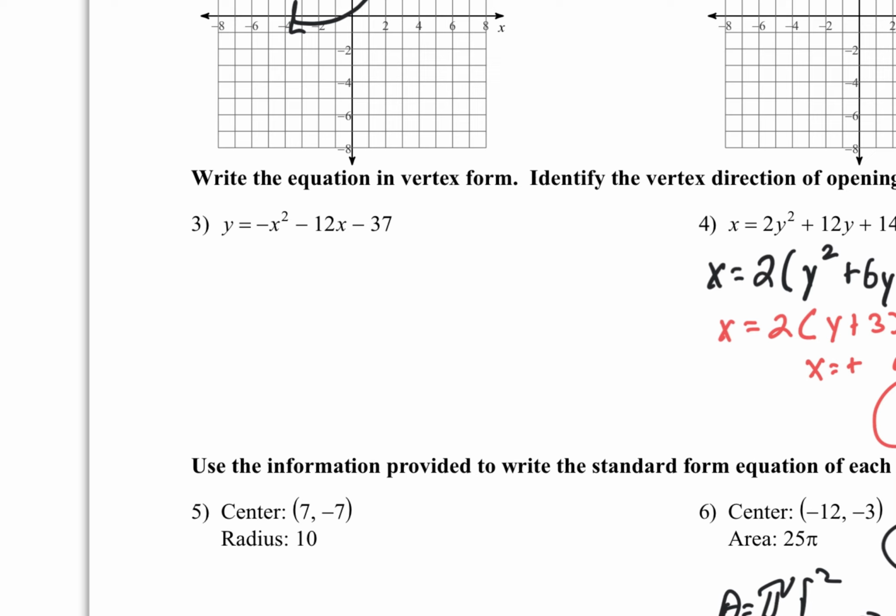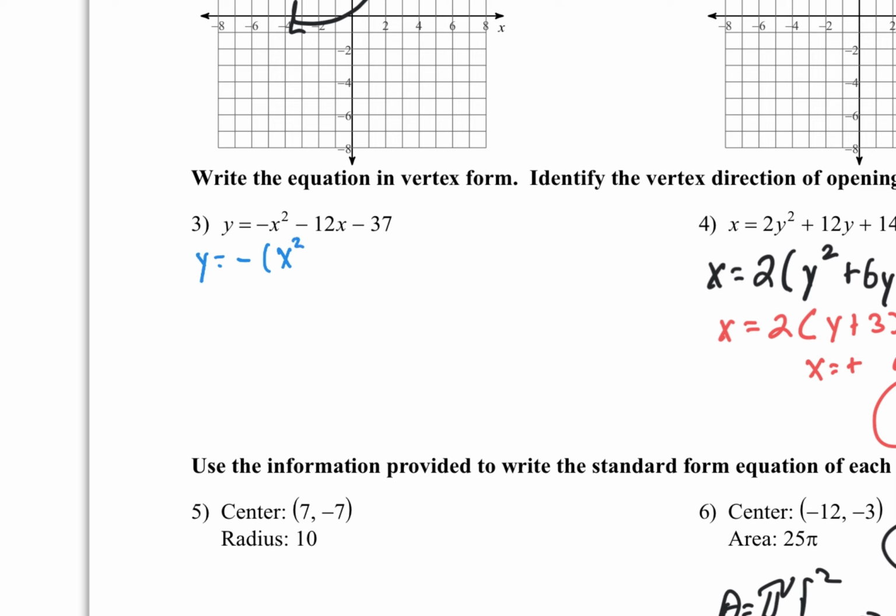So we have to write the equation in vertex form, identify the vertex and the opening direction. So anytime we completed the square, the one thing we made sure of was that our a value was positive. So we're going to rewrite this as y is equal to, I'm going to factor out a negative. So if I factor out a negative from negative x squared, that just leaves me with x squared.